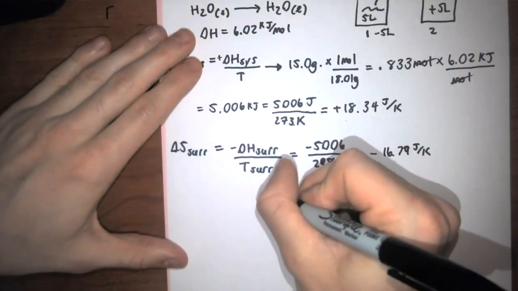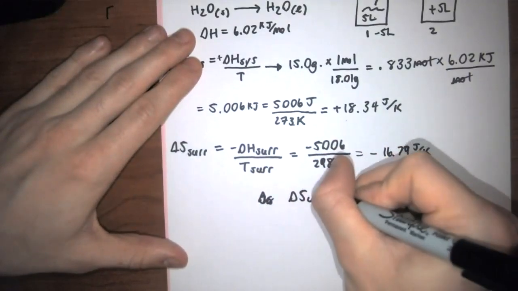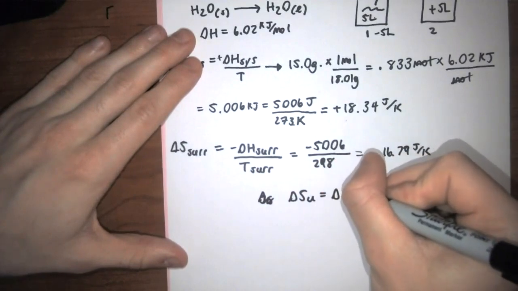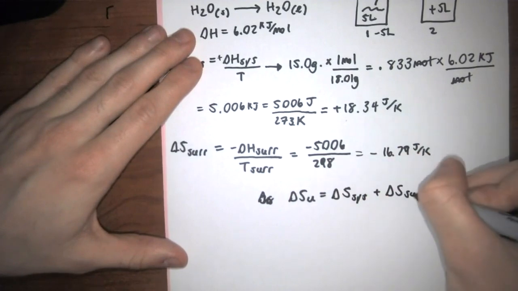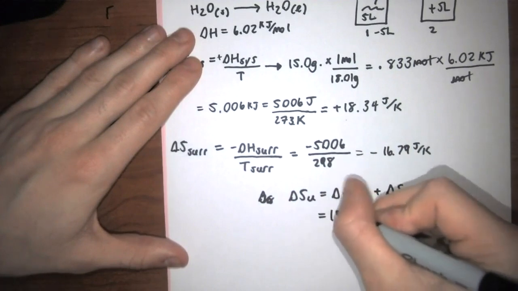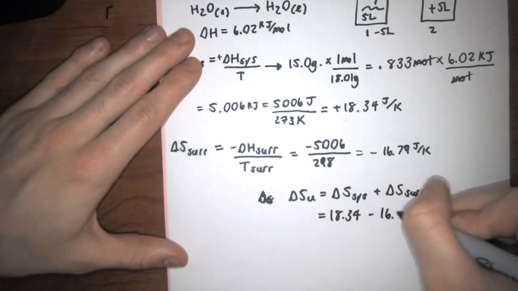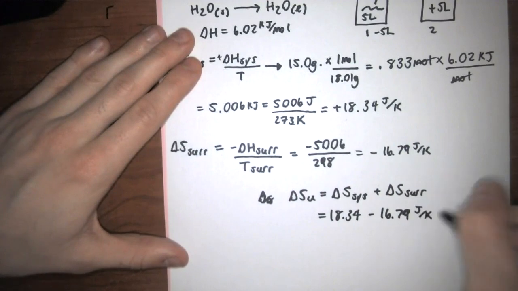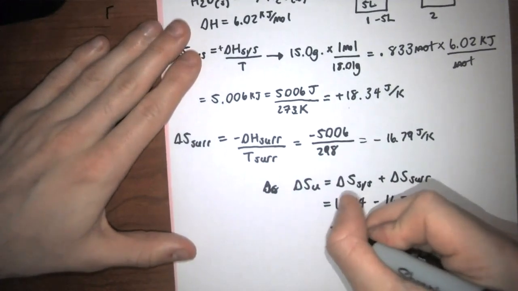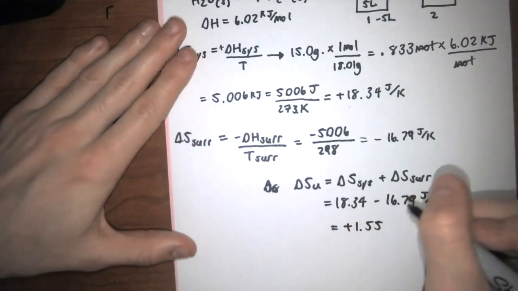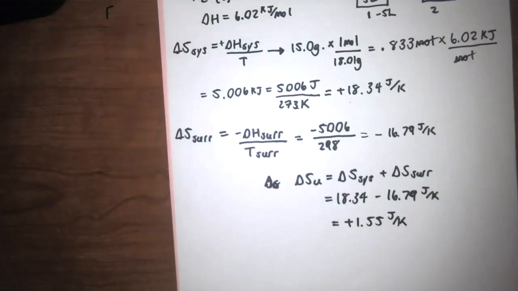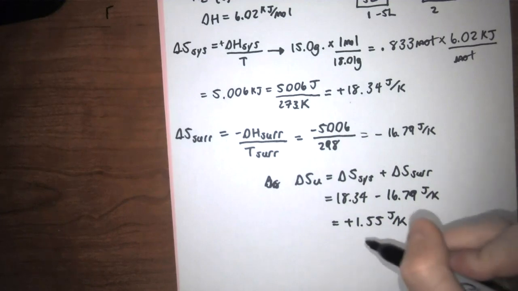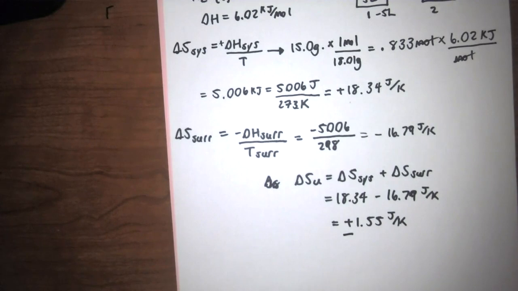And then we know delta S of the universe is equal to delta S of the system plus delta S of surroundings. So we have 18.34 minus 16.79 joules per Kelvin, and you have the delta S of the universe to be positive 1.55 joules per Kelvin. Is this spontaneous or non-spontaneous? It's a positive delta S, so it's a spontaneous reaction.